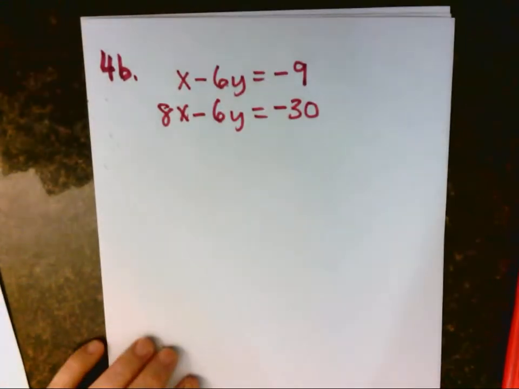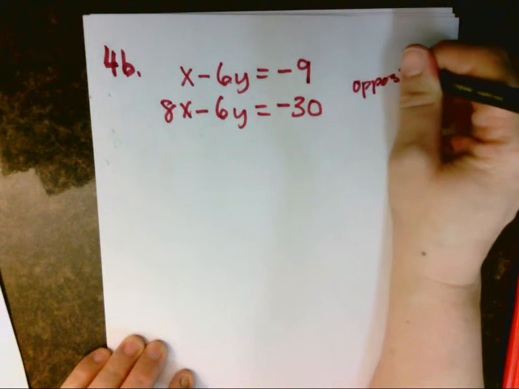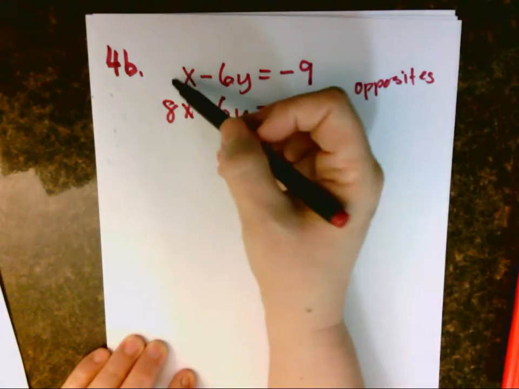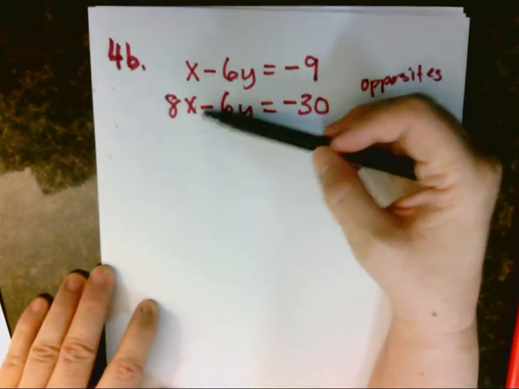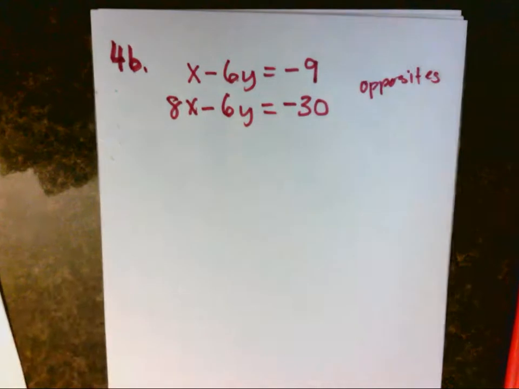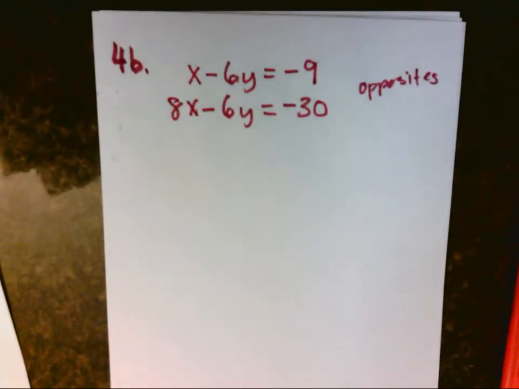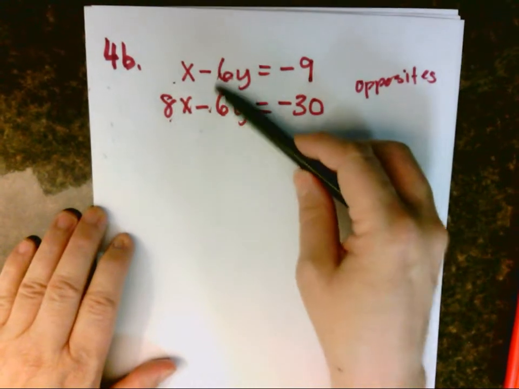In order to eliminate something, you need what are called opposites, right? They have to be the same number but opposite signs. So the opposite of a negative 6 is a positive 6. So I wish that one of these was a positive and one was a negative, okay? The opposite of 8 would be negative 8, so it's easier to take care of this opposite.